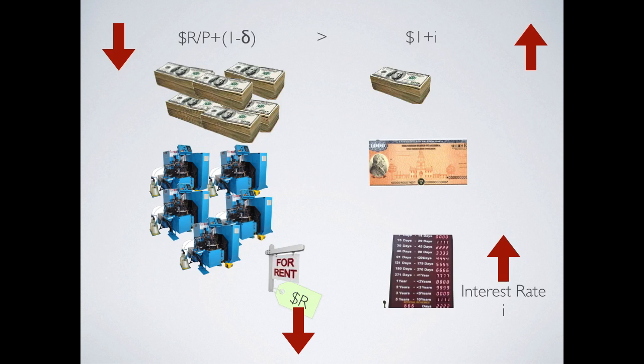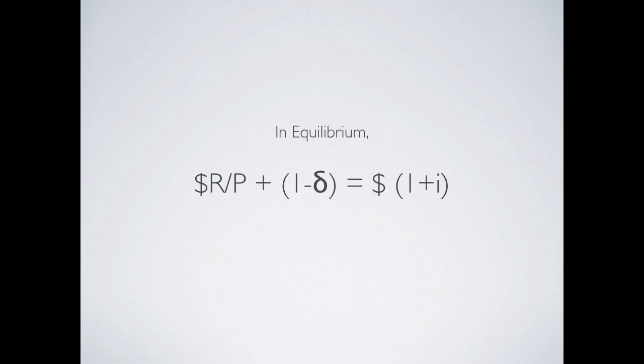At the same time, it drives up the interest rate for bonds, so the financial investment return goes up. Following the same logic, in equilibrium, the portfolio choice among households drives the market toward the state where all asset investment returns are equal. Otherwise, there will be a further adjustment in households' portfolios.